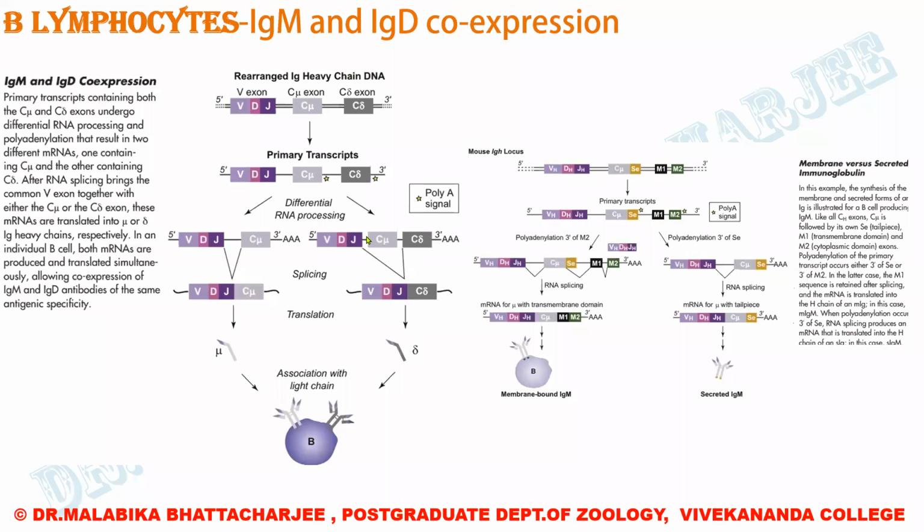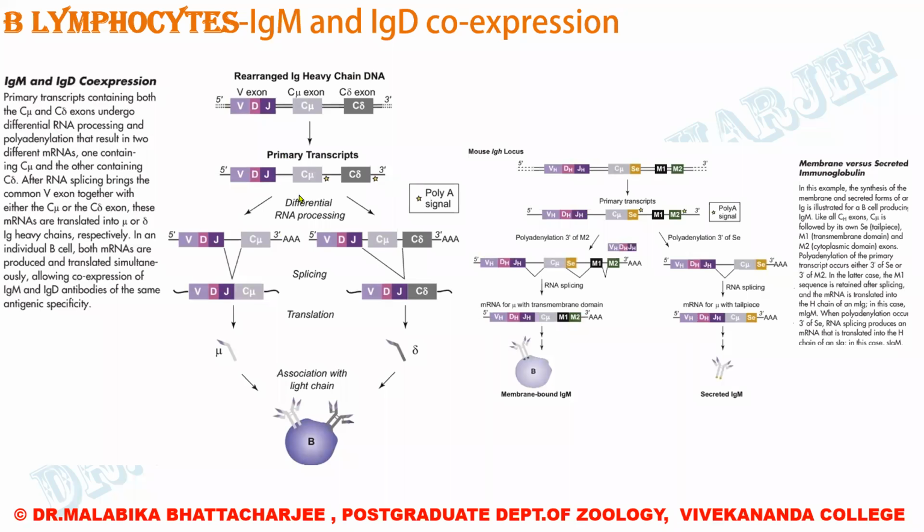Now coming to another important thing I wanted to show you: if you look at this structure, there are two diagrams here. The first diagram shows the IgM and IgD co-expression. We have a rearranged heavy chain. These are the primary transcripts, and you can see there are two polyadenylation signals, one after the constant region C mu, and the other after the constant region delta.